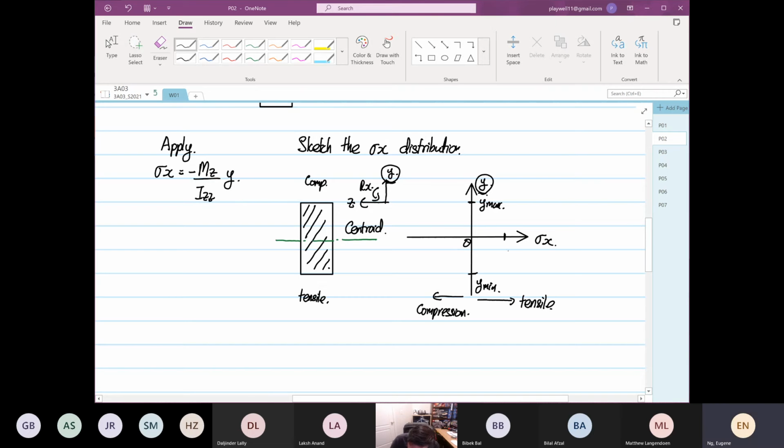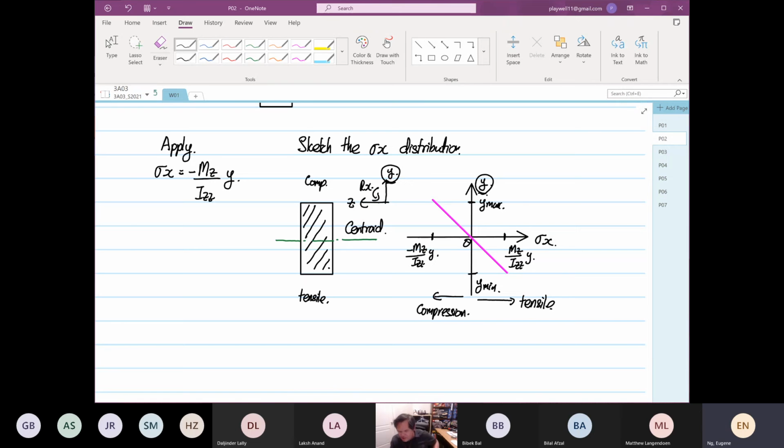So this will be tensile: M Z over I Z Z multiplied by Y. Then over here will be your minus M Z over I Z Z multiplied by Y. If you look at the stress distribution, this is how it's going to look like. Again, this is a sketch. We will come to here, go to 0.